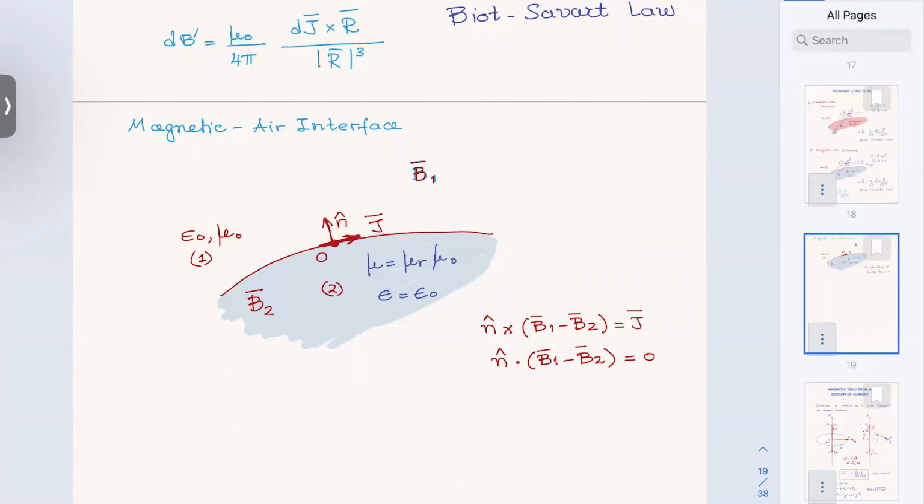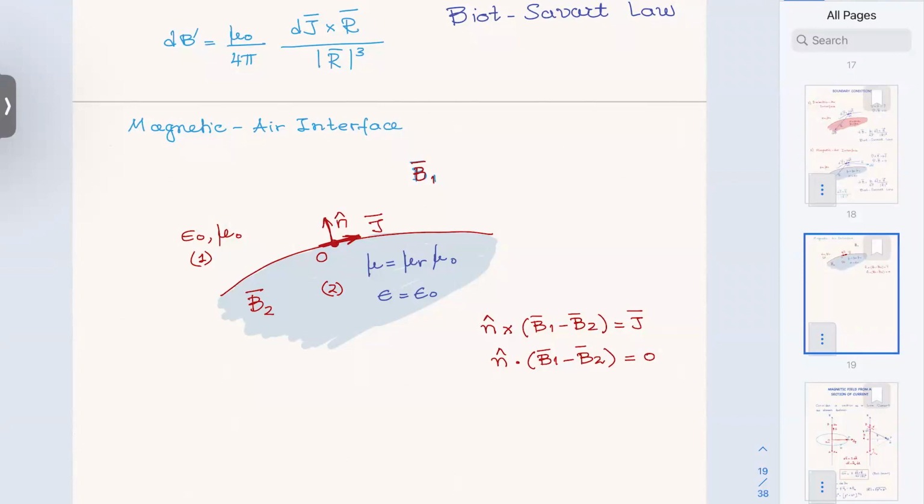So if J is there, then the cross product between the direction normal to the interface at that point of interest and the difference between B1 and B2 equals J. And I will explain now what that means.